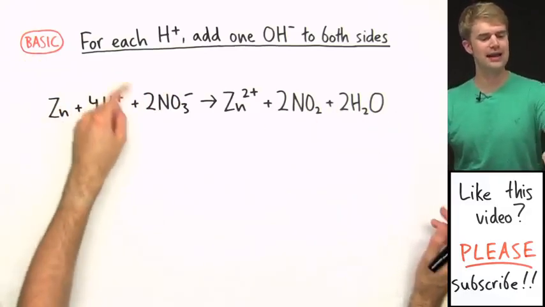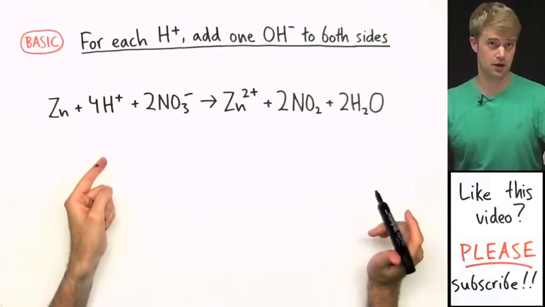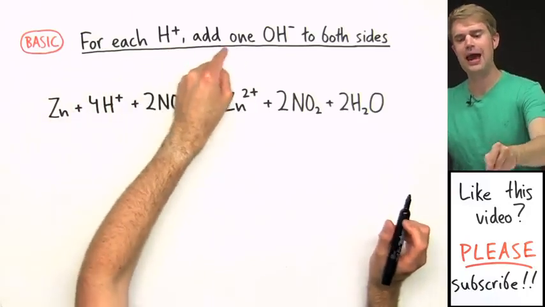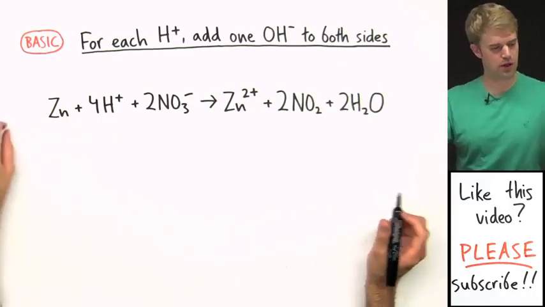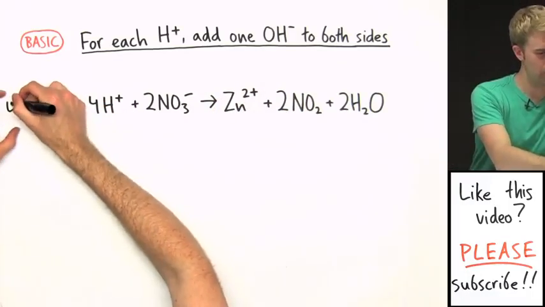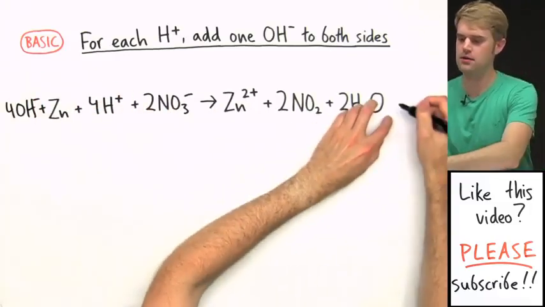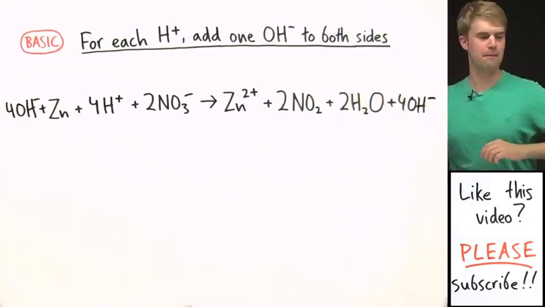Okay, as I said, we've got to get rid of these H pluses because the H pluses make something acidic. So to get rid of these, for each H plus, add 1 OH minus to both sides. So I have 4 H pluses here. So to this side, I will add 4 OH minus, and then to this side, I will add 4 OH minus.